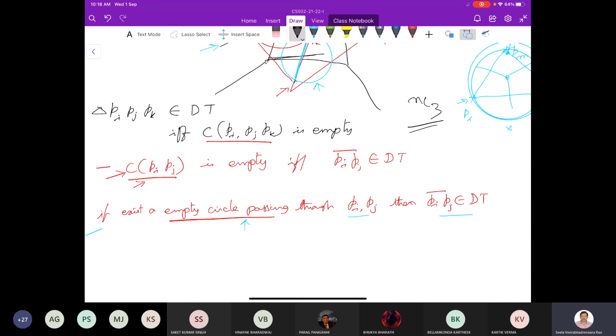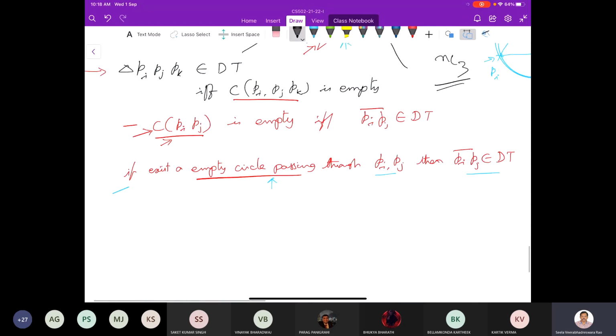For example, today I will take this: the Euclidean minimum spanning tree is a subset of the Delaunay triangulation. How can we prove this?